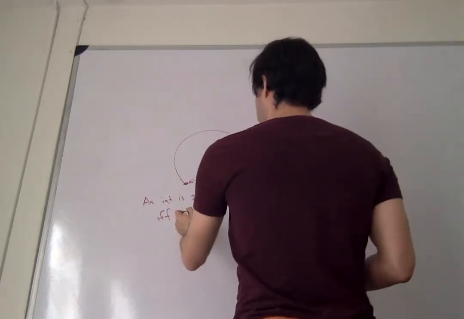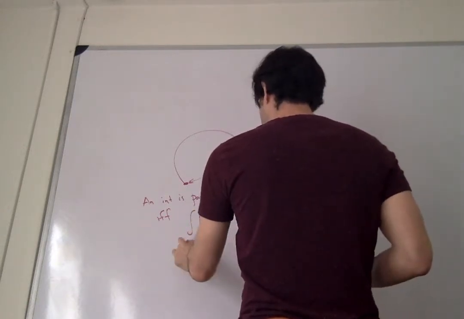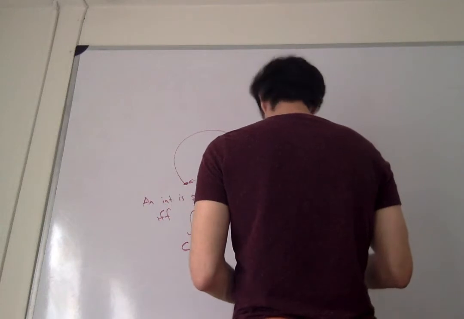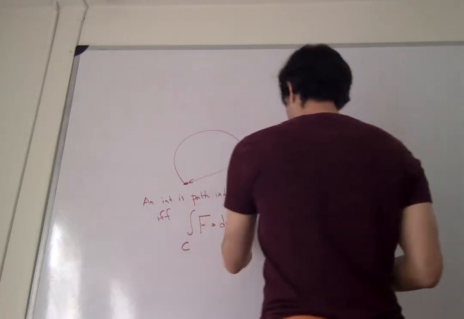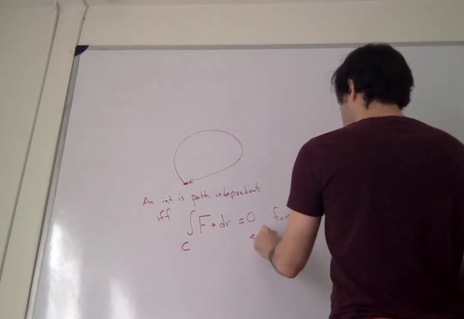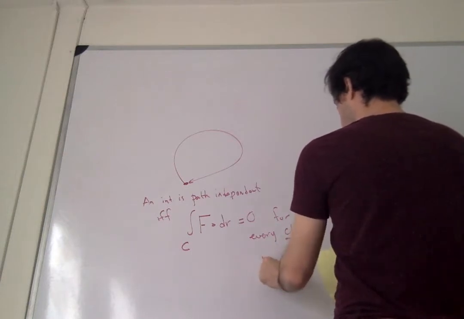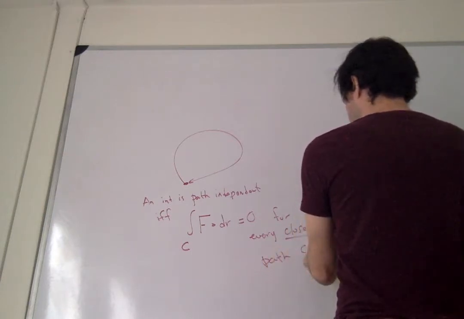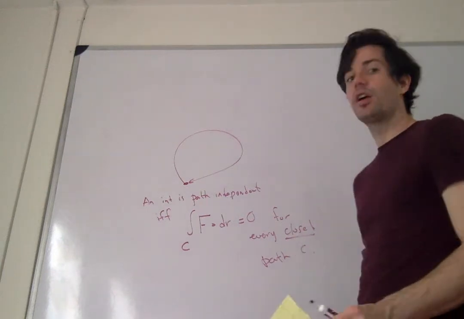So this is true if and only if the integral of f over c dr is equal to 0 for every closed path C.